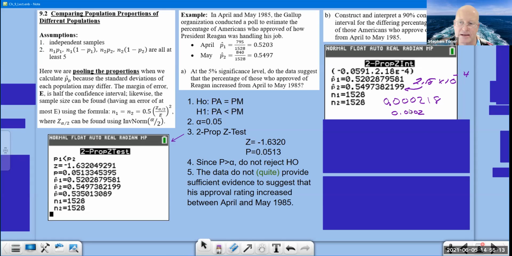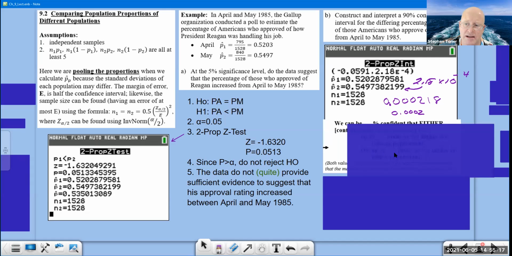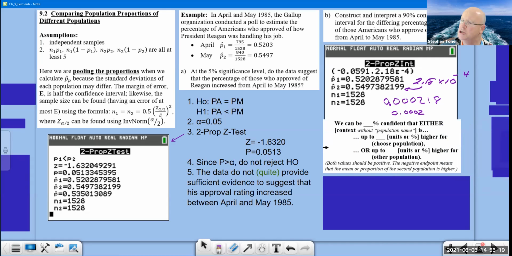Okay, so that is our interval, and since the endpoints were different signs, I'm rewriting our little cheat sheet on how we're going to go through and describe this, because our answer can really go either way. We don't have enough evidence to say, hey, his popularity did increase, at least with this level of confidence. So here we go.